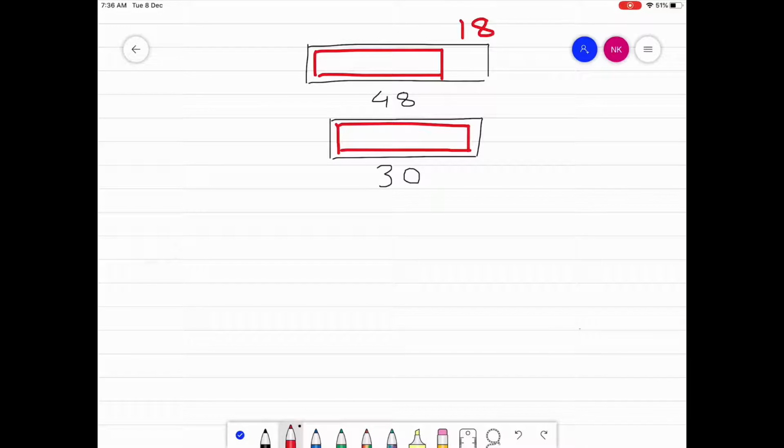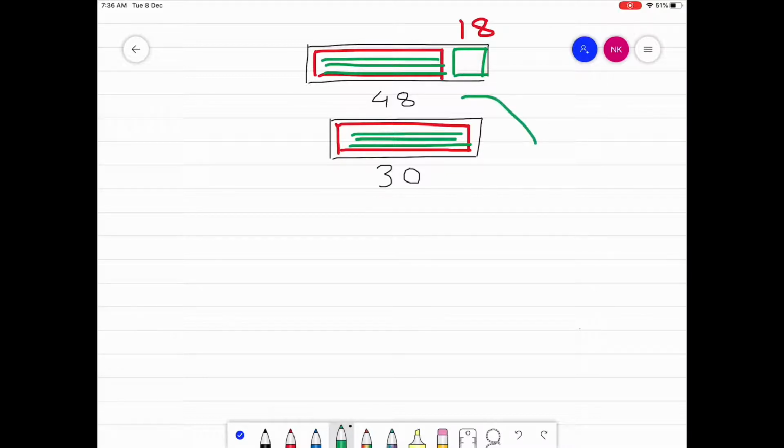Any tile which we can fit into this tile of length 30 will also fit in this portion, since both have the same length. So now we need to worry only about this leftover portion, which is of length 18.